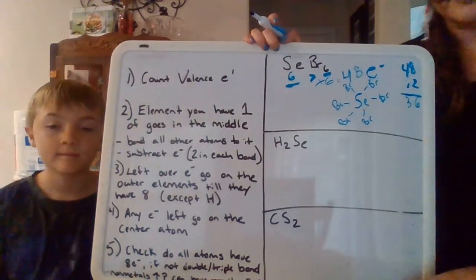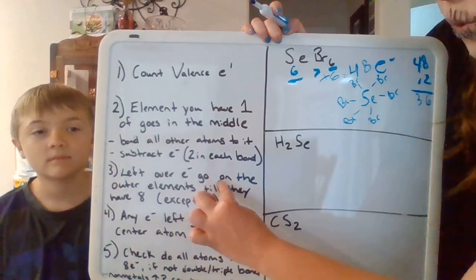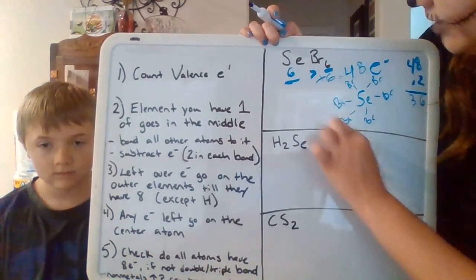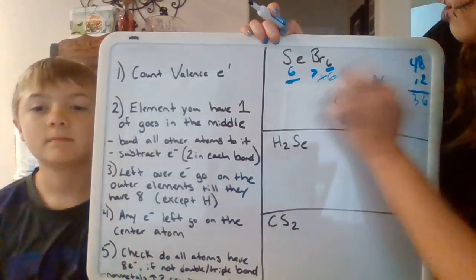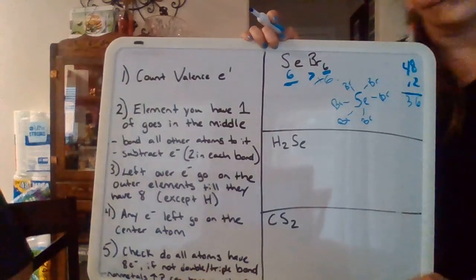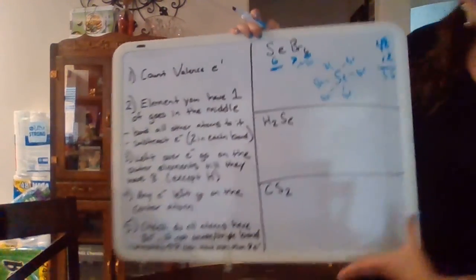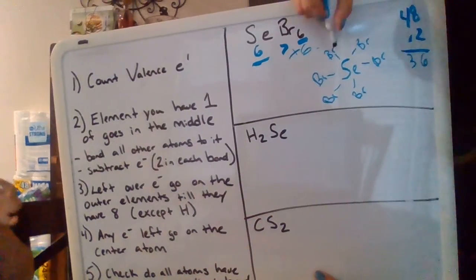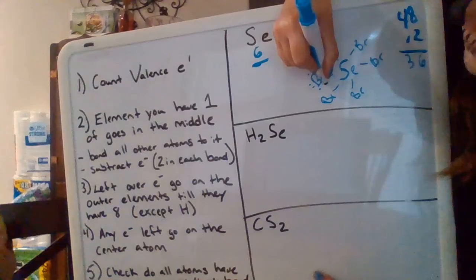So what's my next rule? My next rule says the leftover electrons go on the outer element. So the outer elements are these bromines. I'm going to kind of erase this. It's kind of in the way. There we go. So I'm going to put them on the outer elements until they have 8. Because if you remember from last week, our magic number is 8 electrons. So how I'm going to do that is you put 1, 2, 3, 4, 5, 6.